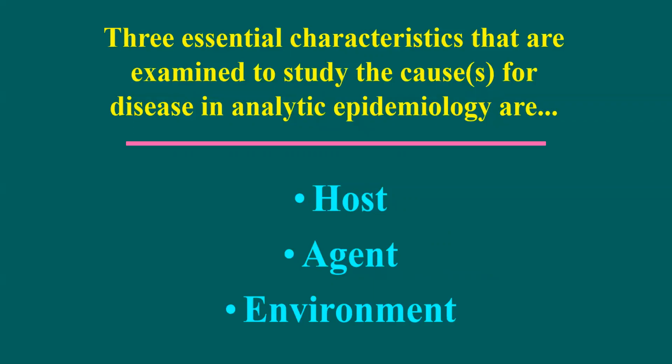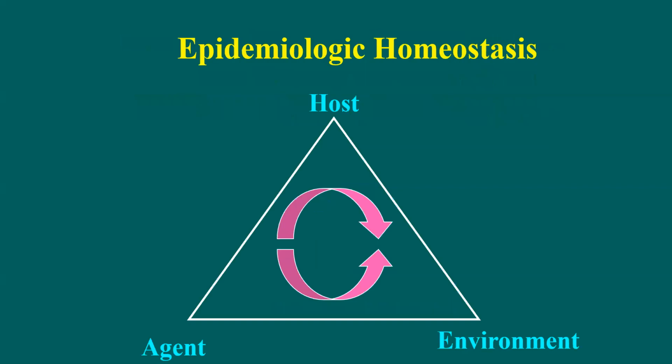One of the key aspects of epidemiology is these three elements which we call the host, the agent, and the environment. These are the key elements in analytic epidemiology, because we want to really understand the relationship between these three parameters. So we have what we call an epidemiologic homeostasis. Homeostasis just means there's a balance.